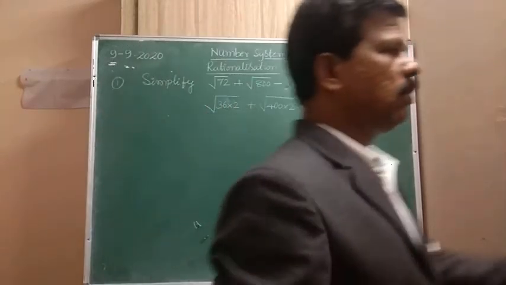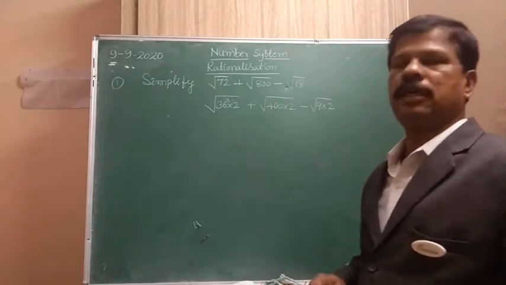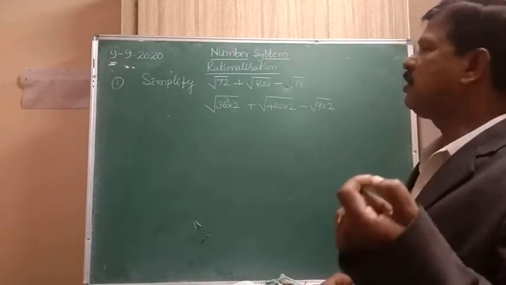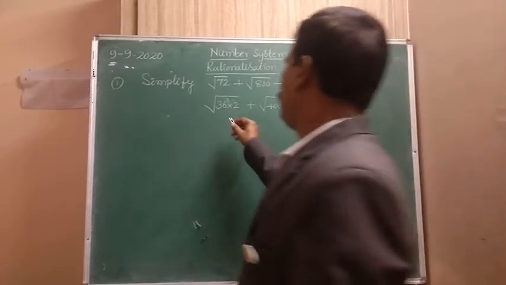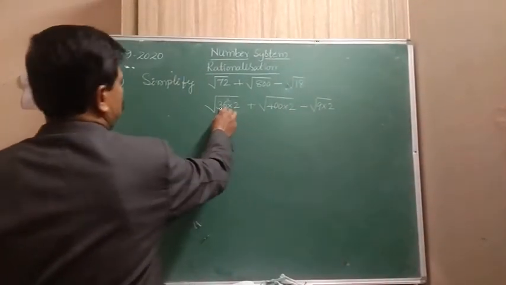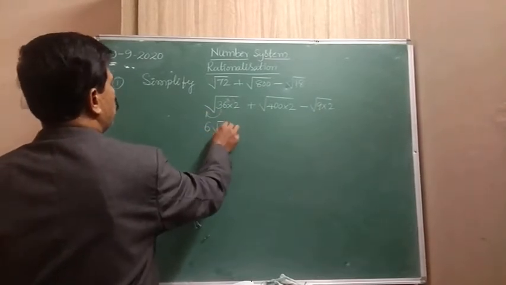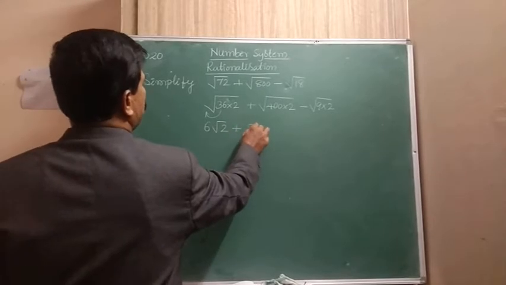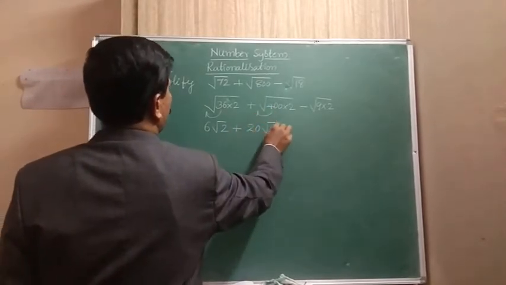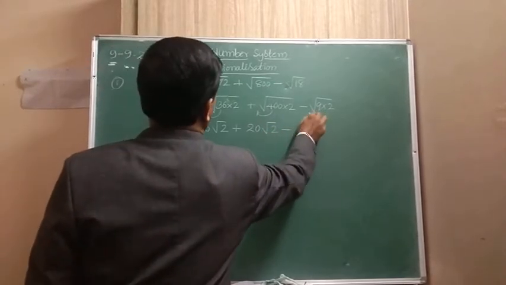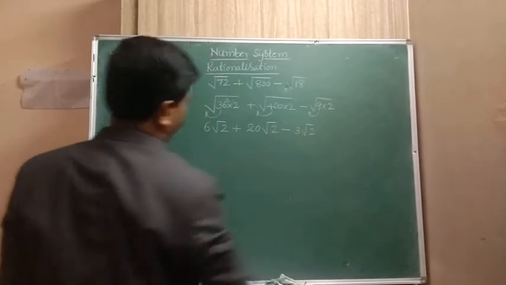So this is the first thing you should write down, the simplest form of the given surd. Now the square root of 36 is 6 root 2, plus square root of 400 is 20 root 2, minus square root of 9 is 3 root 2.